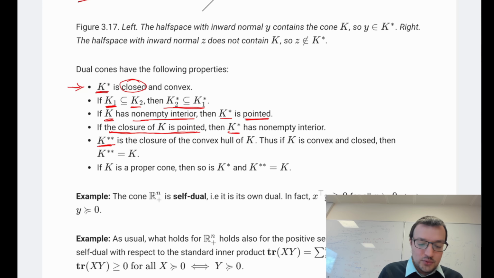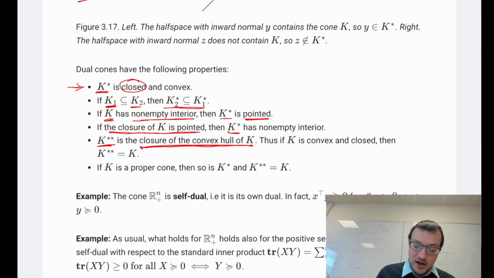If we try to compute K double star, so we take a cone K, we find the dual, and then we find the dual of the dual, what we get is not K, but actually the closure of the convex hull of K, okay? So this is essentially what taking the dual does, okay?